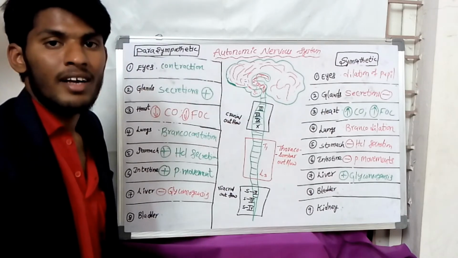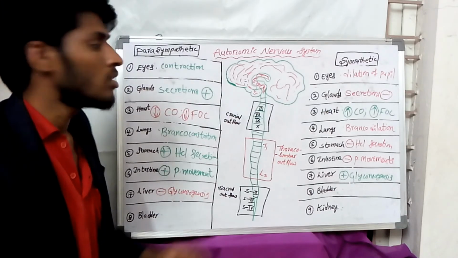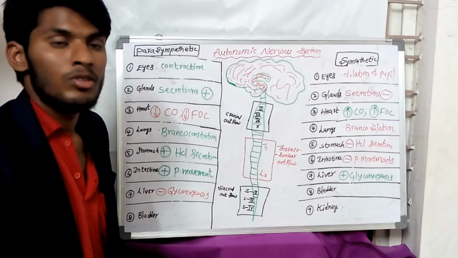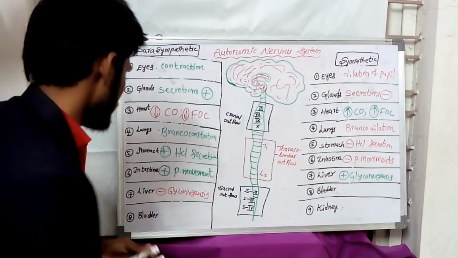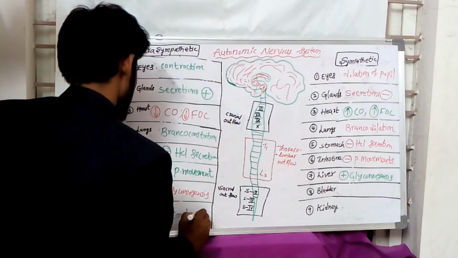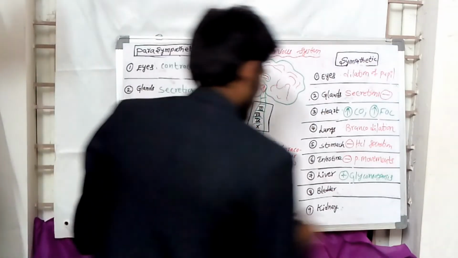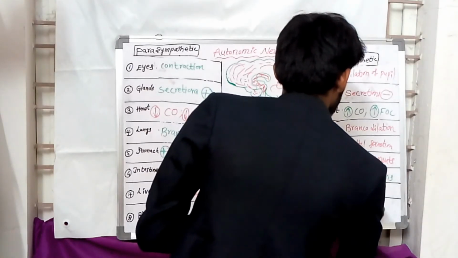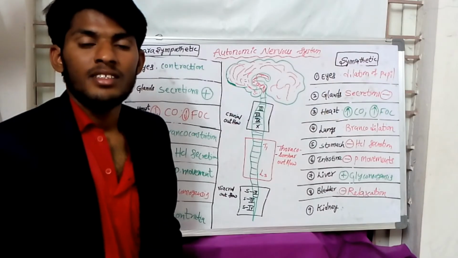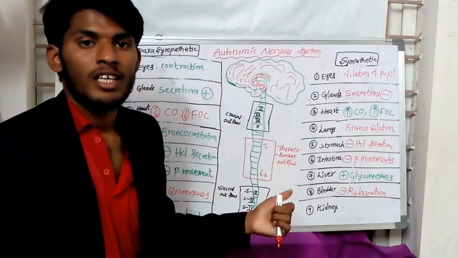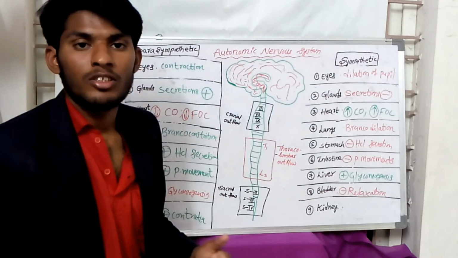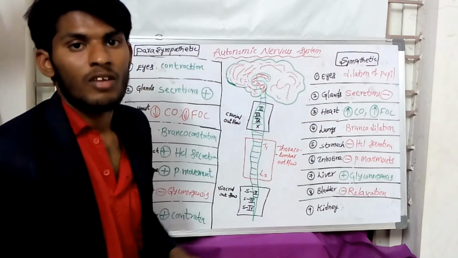In the case of the bladder, contraction of the bladder muscles will be observed in the parasympathetic nervous system and relaxation of the bladder muscles will be observed in the sympathetic nervous system. And finally, the kidney is responsible for the release of noradrenaline as well as adrenaline, which is responsible for the sympathetic nervous system, and there is no action of the parasympathetic nervous system.